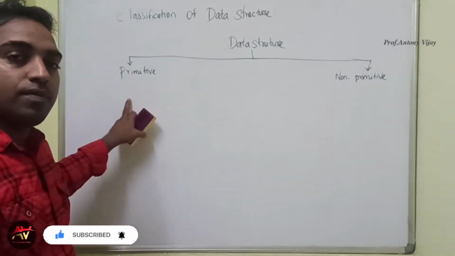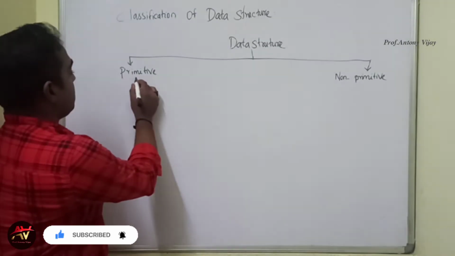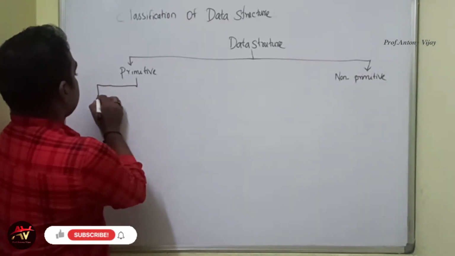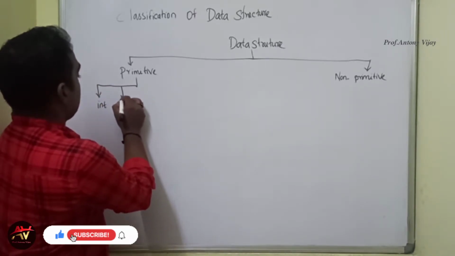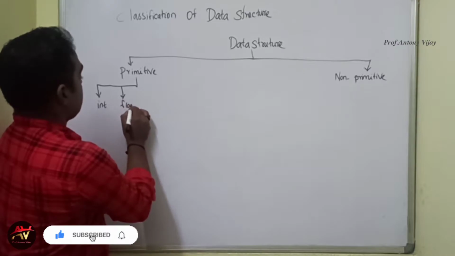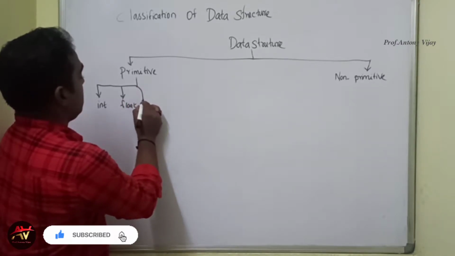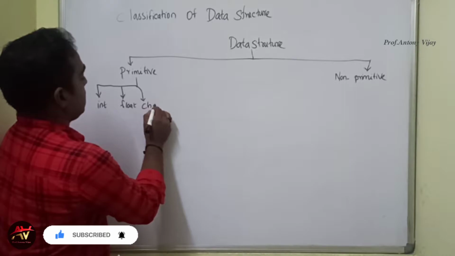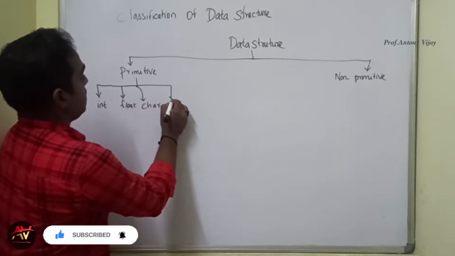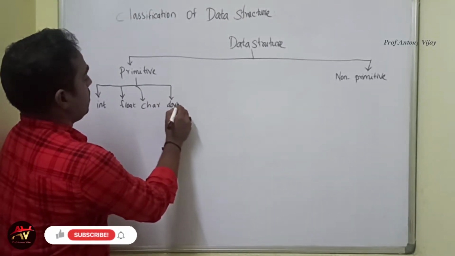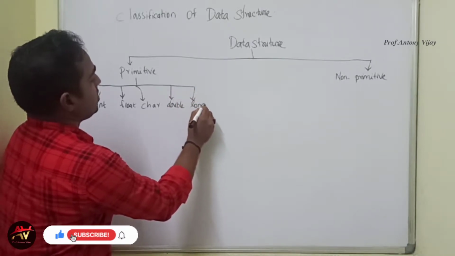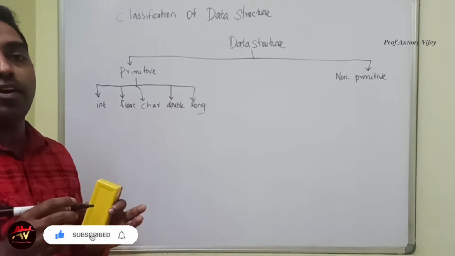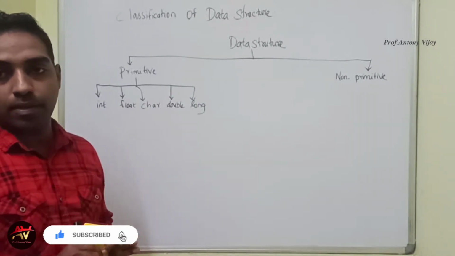Under primitive, we will be having some of the predefined types: integer, float, character, double, long. So these are the data structures we have already seen in C programming.